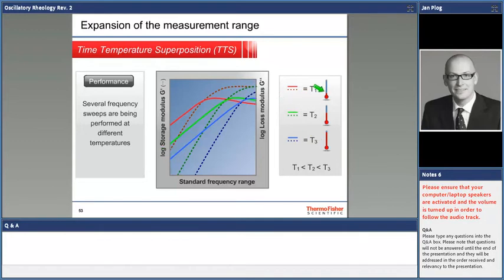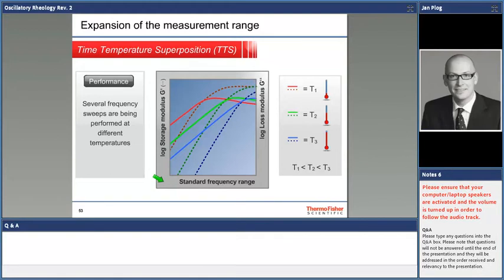At low temperatures, it behaves more elastic, and more elastic means higher characteristic speeds. So what we can do is frequency tests in a very standard range, let's say from 10 to the minus 2 to 100 hertz. That's a test that's done in, let's say, 7 minutes.